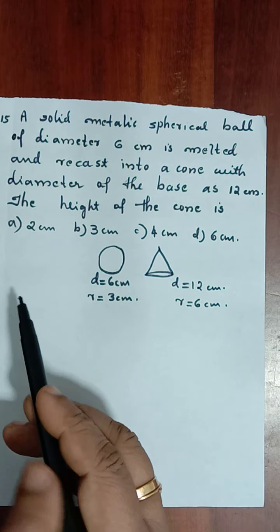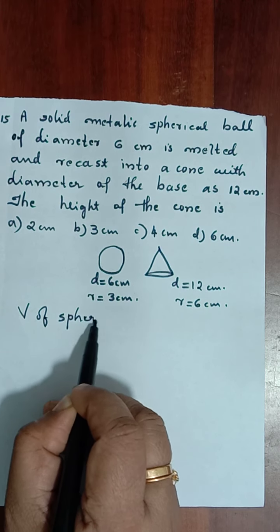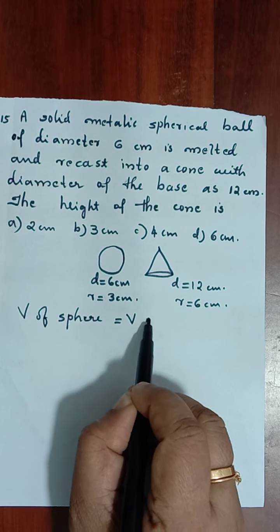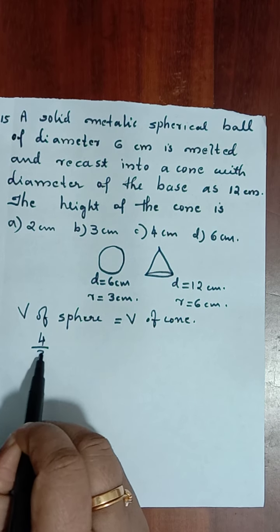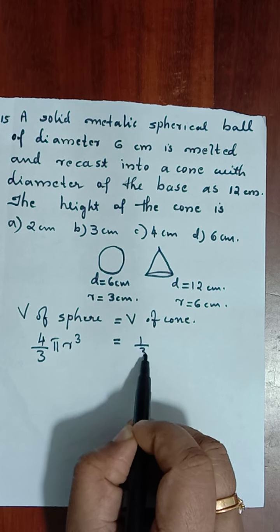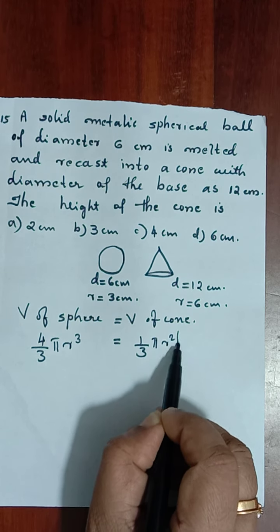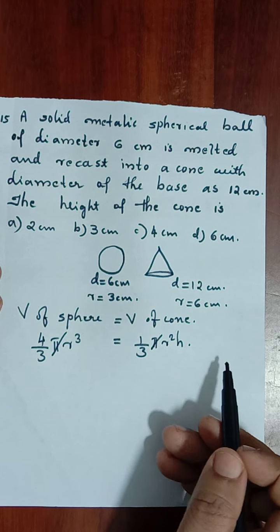So we know the volume of the sphere is equal to the volume of the cone. That is 4 by 3 pi r cube is equal to 1 by 3 pi r square h. So pi can be cancelled, no need of substituting the values.